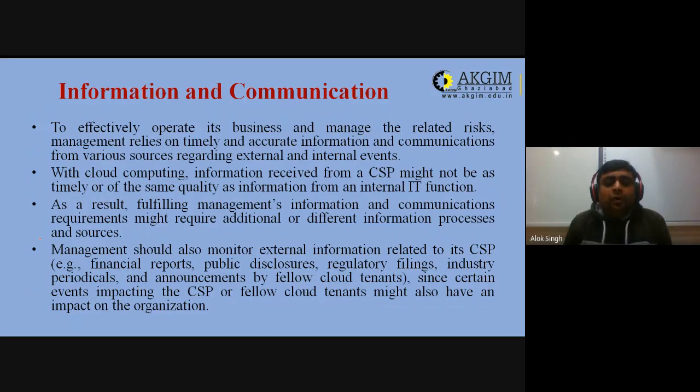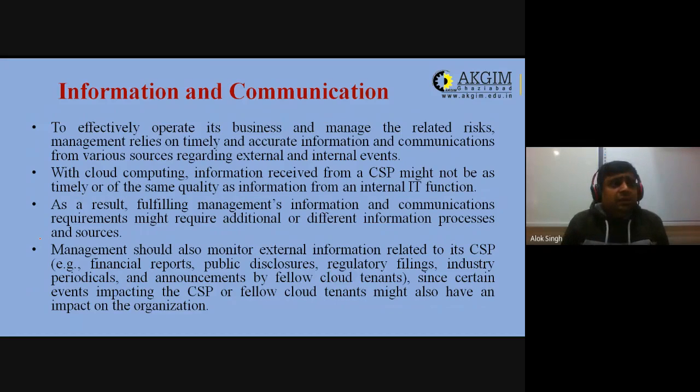So management should also monitor external information related to its CSP, like the CSP's financial reports, public disclosures, regulatory filings, industry periodicals, and announcements by fellow cloud tenants, since certain events impacting the CSP or fellow cloud tenants might also have an impact on the organization.